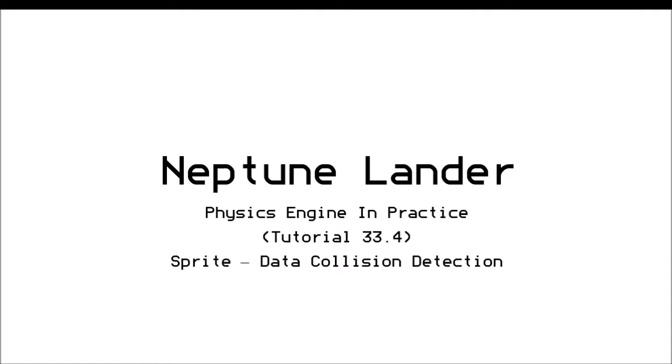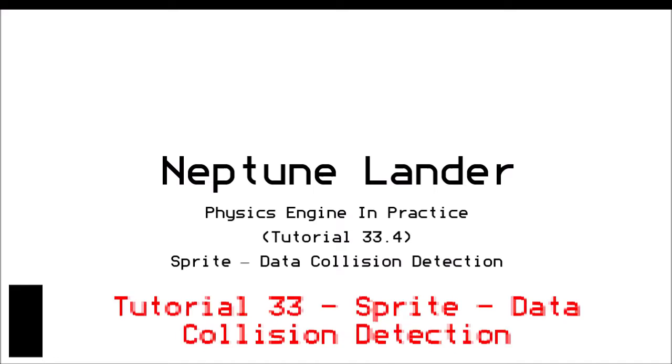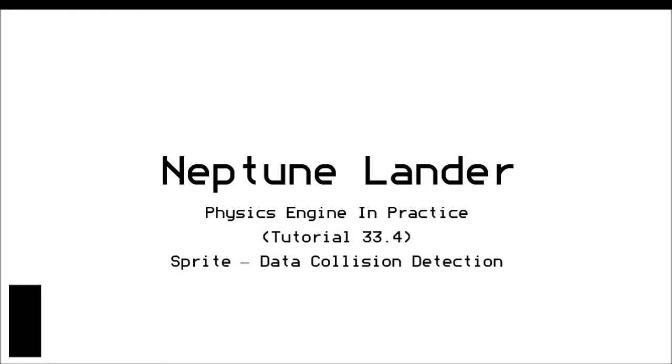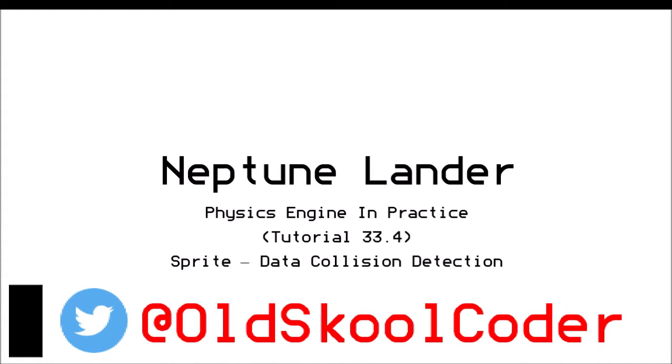This is part 4, video 5, because I split the first one, of this Neptune Lander tutorial that we're going through. What we've done in the past is the basic physics engine and the basic controls.